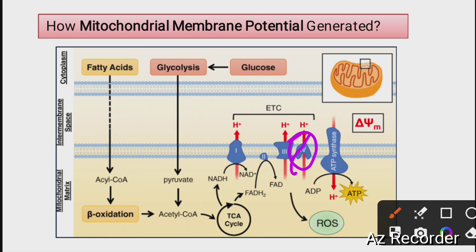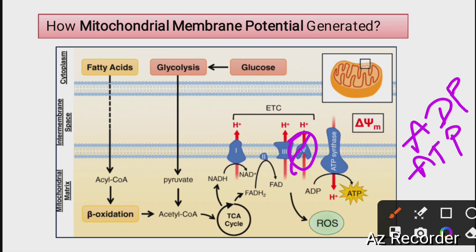As protons flow back into the matrix through ATP synthase, the enzyme uses this proton motive force to convert ADP to ATP. That is how ATP synthesis occurs.